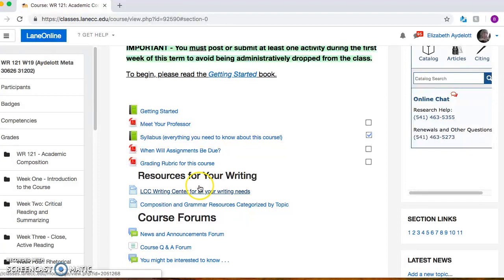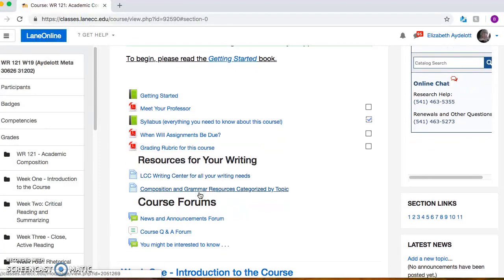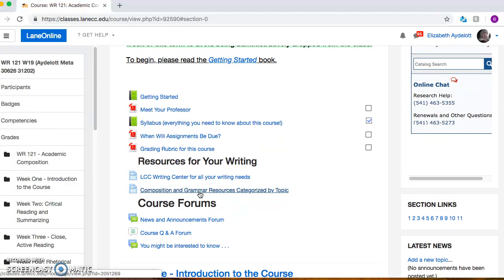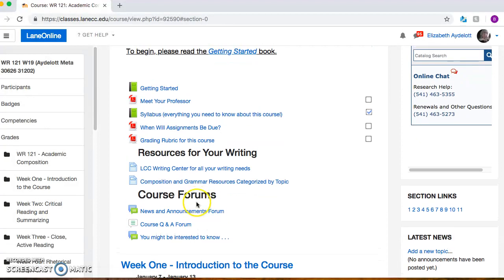Resources for your writing, this is a writing course after all. I talk about the Writing Center here, and then I have posted some links for composition and grammar resources. This will change throughout the term as I see what needs we have as a class. Then the course forums, I have a news and announcement forum.